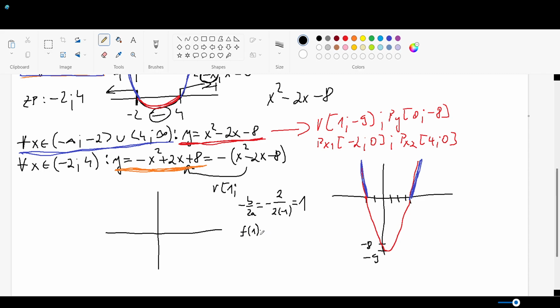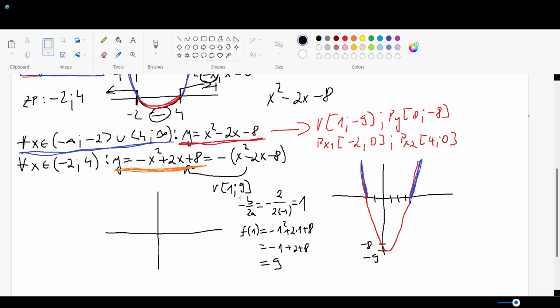Okay, so the vertex x-coordinate is 1, and now we will look for the value of the function for x equal to 1, which is -1 squared plus 2 times 1 plus 8. As you can see, this is equal to -1 plus 2 plus 8, which is equal to 9.